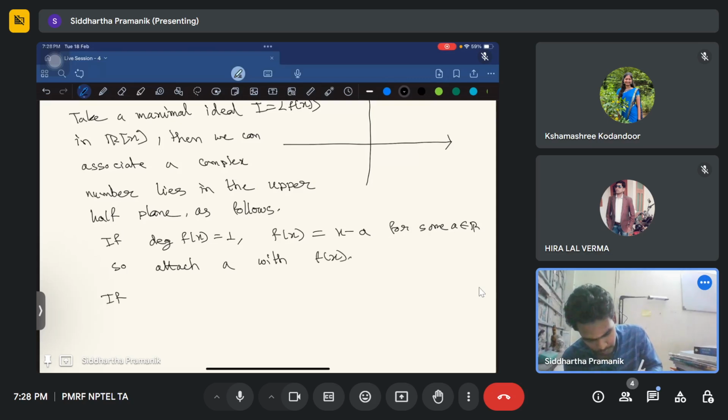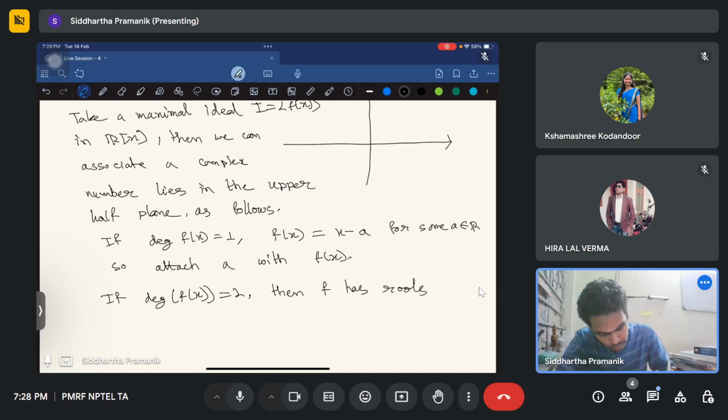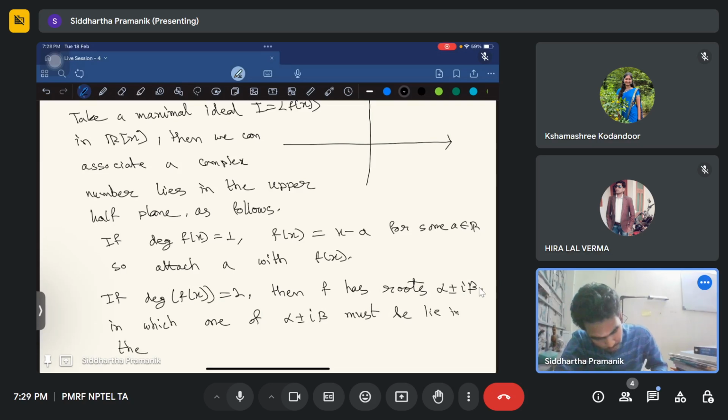Now if the degree of f(x) is 2, then f has roots alpha plus minus i beta, in which one of them must lie in the upper half plane, right?